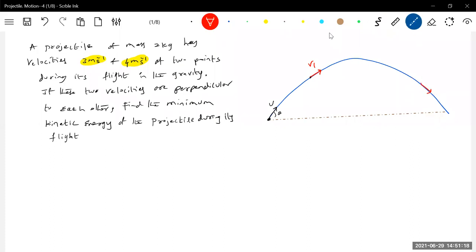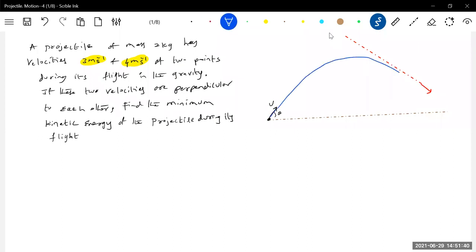So here, if you extend this, it's a rough diagram.